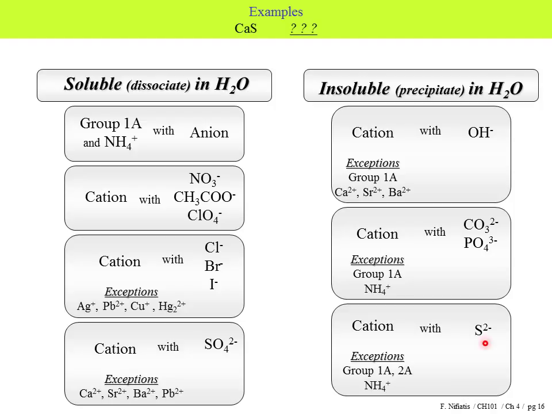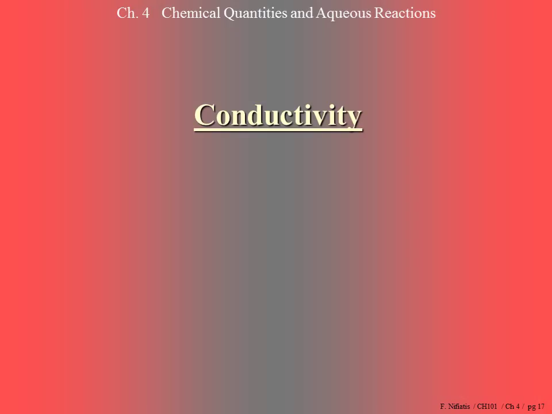The sulfides are here. They are all insoluble. We have a couple of exceptions. The calcium is in group 2A, so the calcium is an exception. So this compound here is not insoluble, it is soluble. That's it, at least for the time being. We are going to see more examples in the near future.